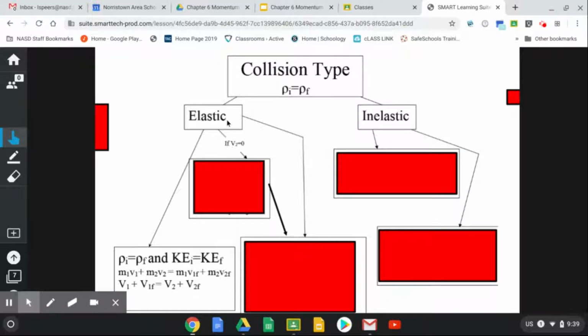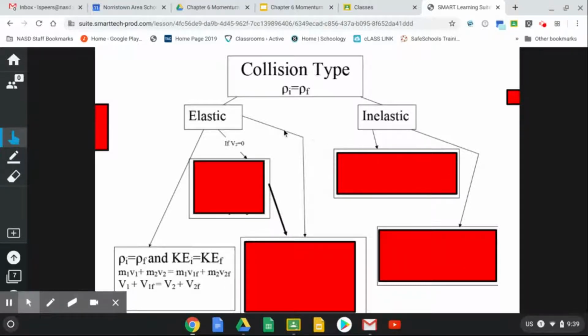Elastic: both momentum and kinetic energy conserved. In an inelastic collision, only the momentum is conserved and there is some loss of kinetic energy. That loss comes from the object changing shape, becoming deformed or smushed, or from other energies released: sound energy, heat energy. Some of that kinetic energy gets converted into other types of energy.